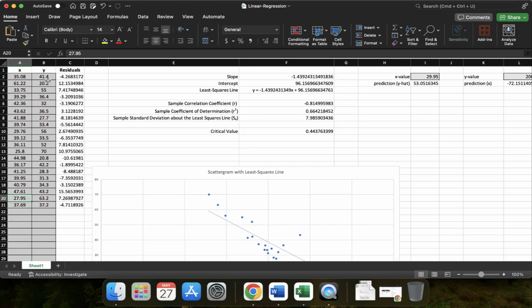Now the next one is similar, and I'll just read it and show you how to plug it in. It says Honolulu is at a latitude of 21.32, and has an elevation of 2 meters. And we want to use the linear model to predict the average temperature.